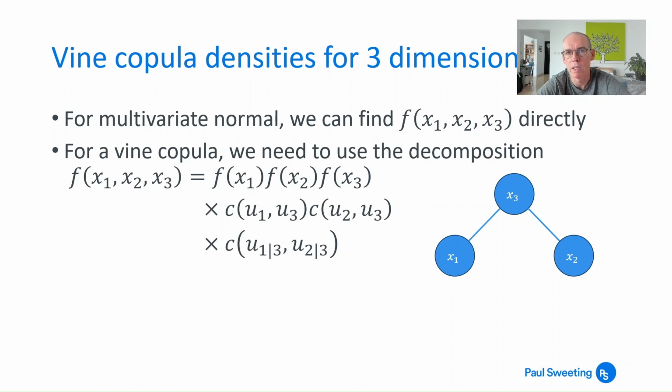For a vine copula, however, we need to use the decomposition: f(x1, x2, x3) is equal to f(x1) f(x2) f(x3), so the three marginal distributions, times c(u1, u3), times c(u2, u3), so that's the copula density functions between 1 and 3 and between 2 and 3, and c(u1|3, u2|3), so that's the conditional copula between 1 and 2 given 3, which is the variable we know is joining them.